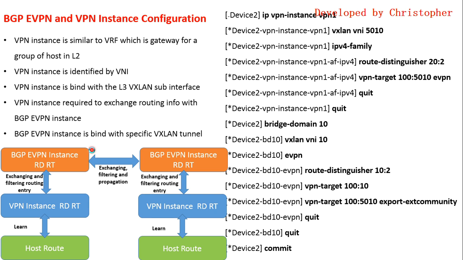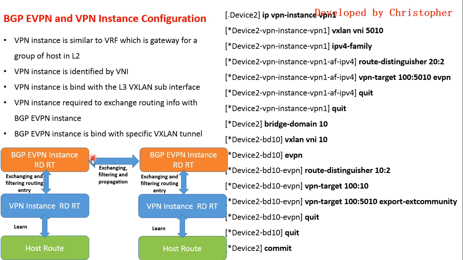To understand that, we will look at this diagram. There is a host route, which is the VM or the bare metal server. The VPN instance, which is the VRF, will know that routing entry. And then it propagates to the BGP EVPN instance on the VXLAN. And then the ingress side BGP EVPN instance will propagate this routing info to the other BGP EVPN instance.